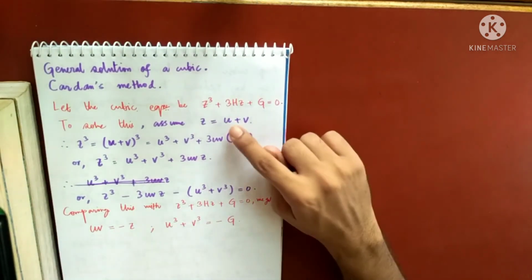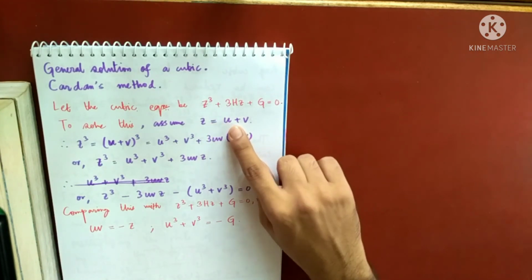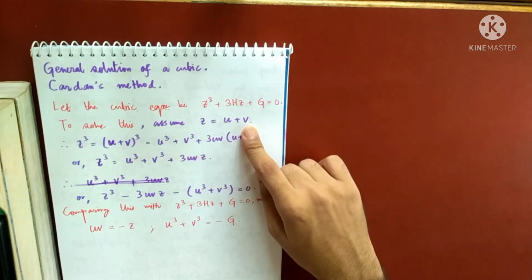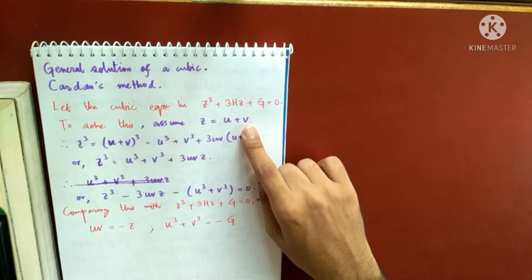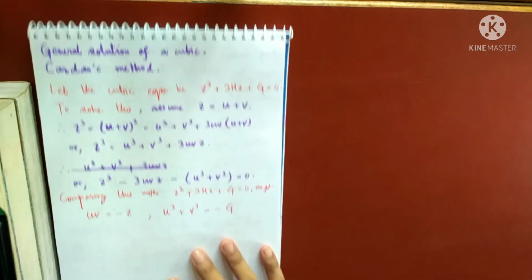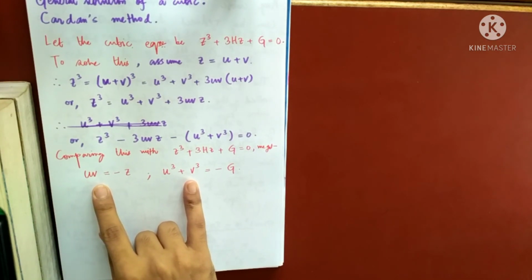Remember my point, because to find z, we are supposed to find u plus v. So you have to find u and you have to find v. So using these two equations, my target is to find u and v.